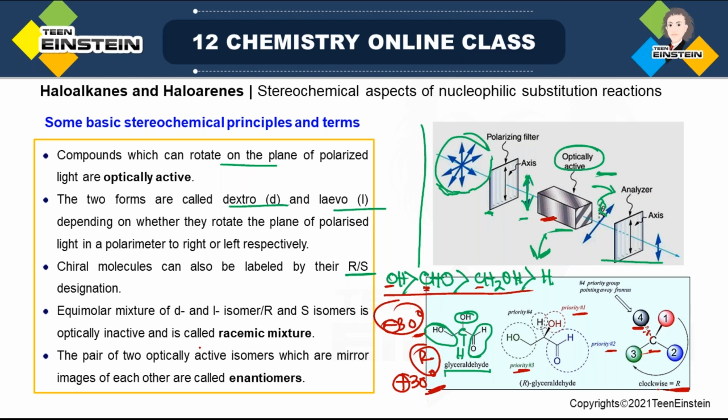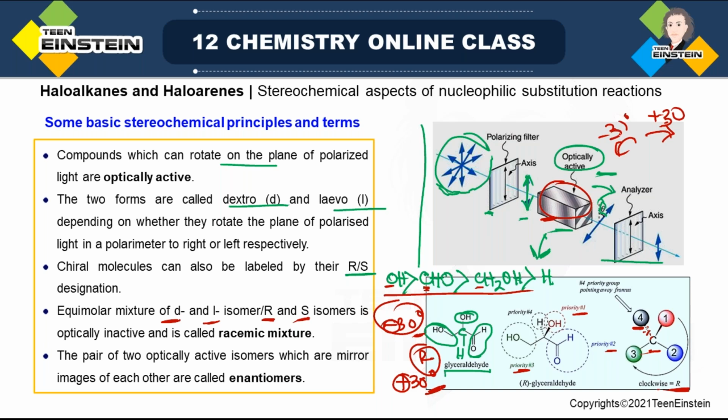Fine. Now if you have an equimolar mixture of these two isomers, R and S or D and L, what will happen? It will make a racemic mixture. That means in this sample, if you have both R and S at 50%, one will rotate plus 30 degrees, another will rotate minus 30 degrees.